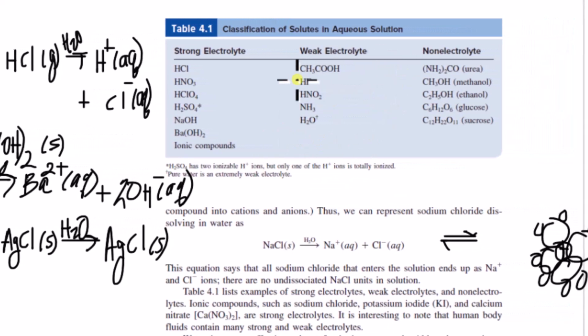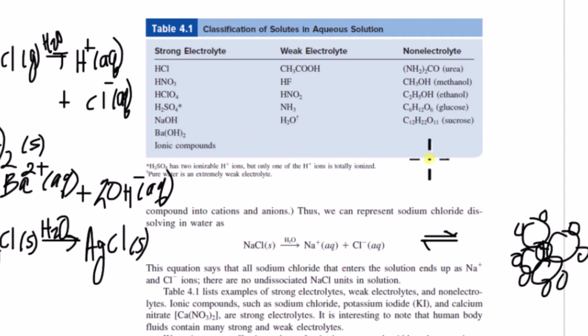We don't even know what this is yet, but here are weak electrolytes. Non-electrolytes: we know the definition is that no matter how much of a non-electrolyte you dissolve, the water solution is not going to conduct electricity.